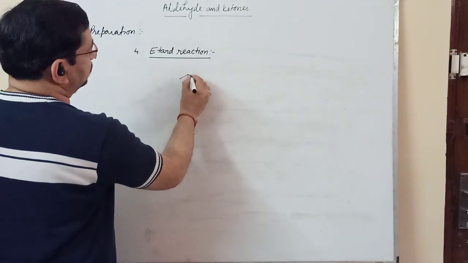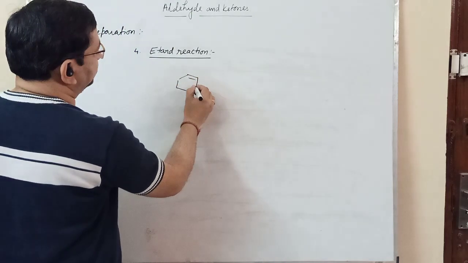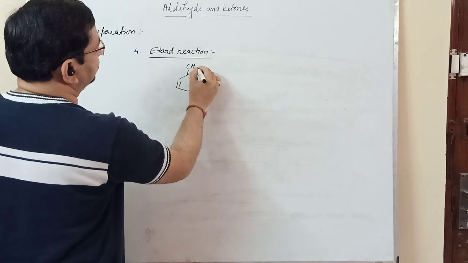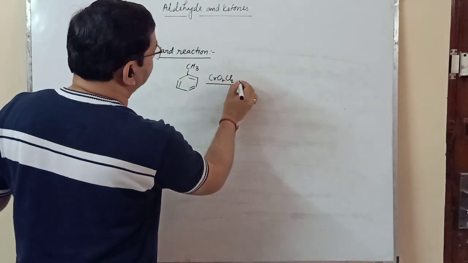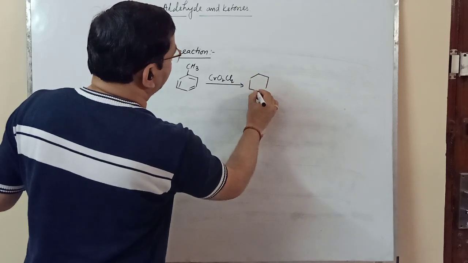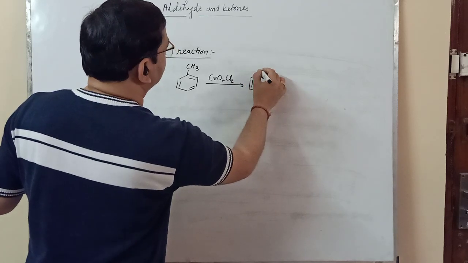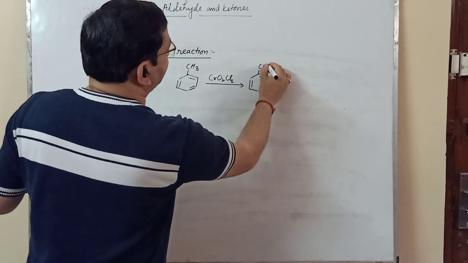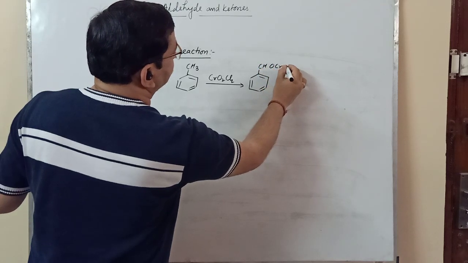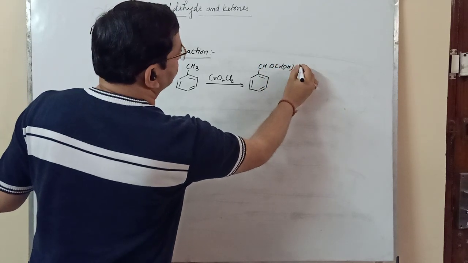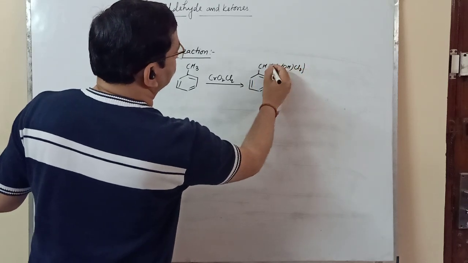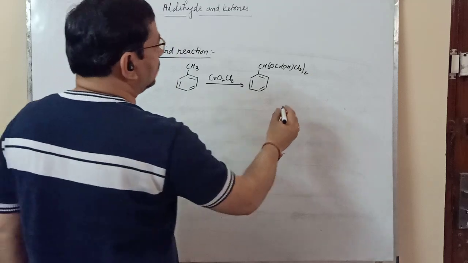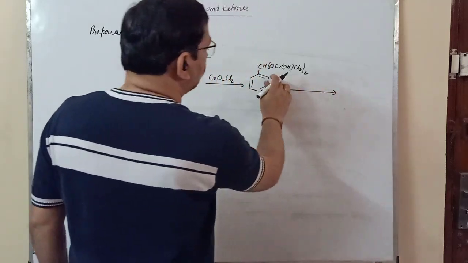So first what happens, this toluene when treated with chromyl chloride CrO2Cl2, then first it gives an intermediate, and this intermediate is a chromium complex.